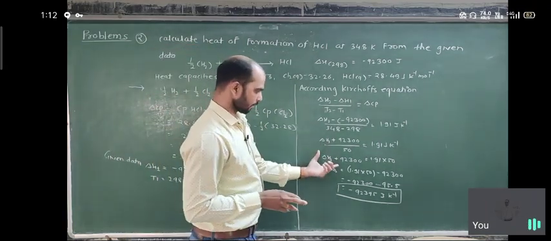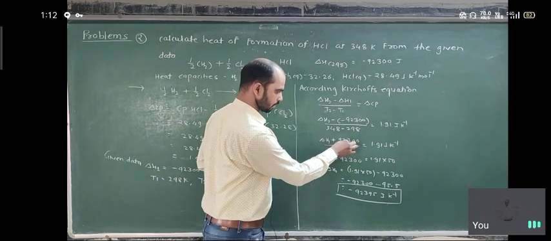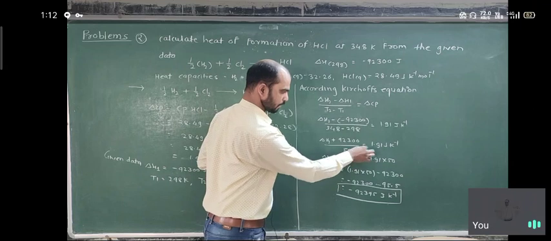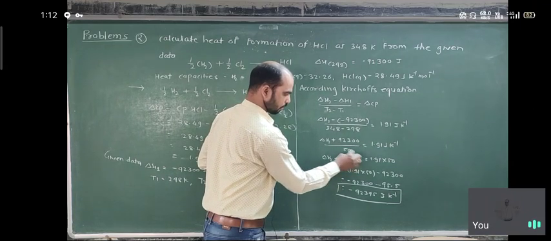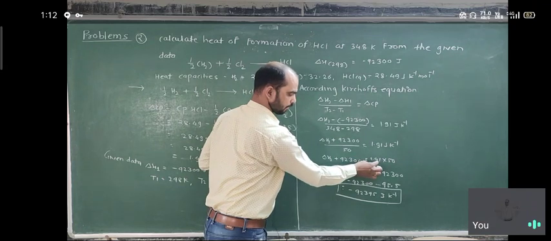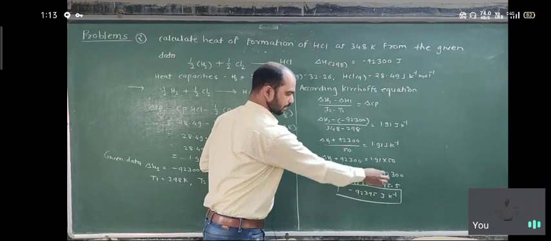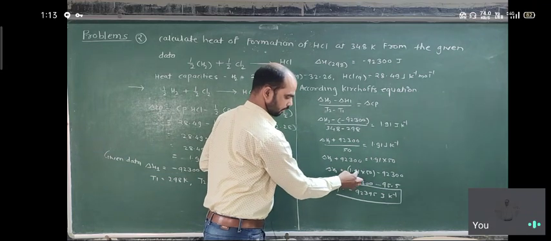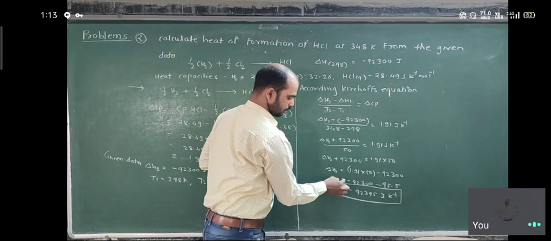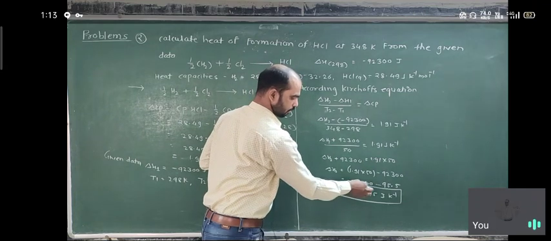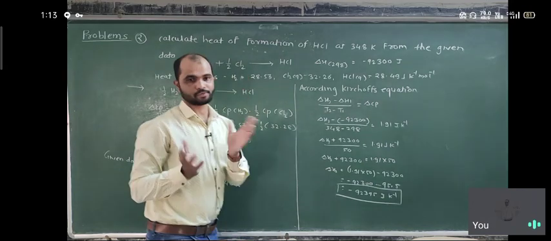So we solve here. The answer is delta H2 plus 92,300 upon 50 is equal to this one. So delta H2 plus 92,300 is equal to this, multiply 1.91 into 50. So delta H2 is equal to this, again a subtraction like the last one. So 1.91 into 50 minus 92,300. Minus 92,300 is the larger value because this multiplication gives only 95.5.